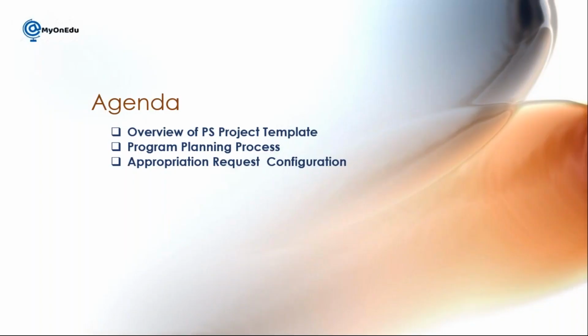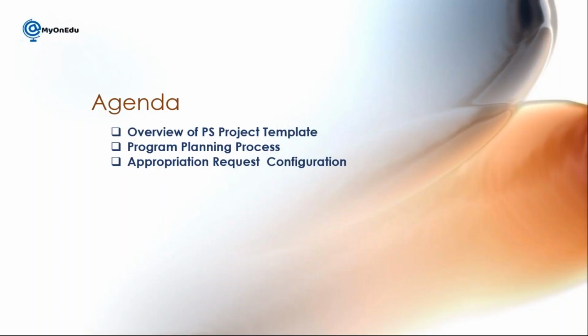So in this session, I'll explain some basics of the PS project structure, because when we are transferring from appropriation request to PS, we are transferring only the first level of WBS element, and apart from that, the project definition is also being transferred. I'll let you know how you can extend your project structure in project builder in PS, and then we will go on to understand the planning in investment program.